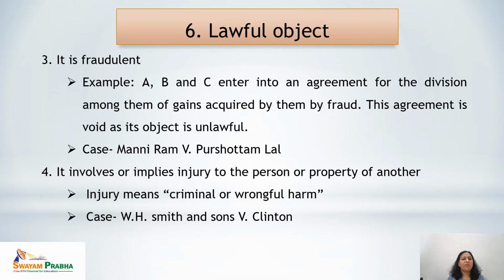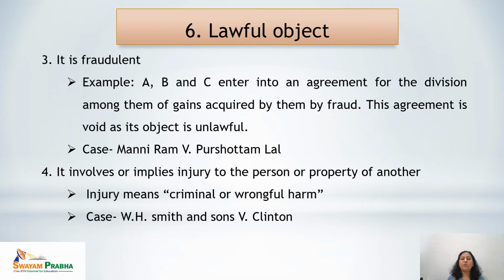This is made clear from the case of W. H. Smith and Sons versus Clinton. The facts of the case are: A promised B to pay rupees 500. B is an editor of a newspaper. A told him to publish a defamatory article against C, with which C's reputation may be harmed.